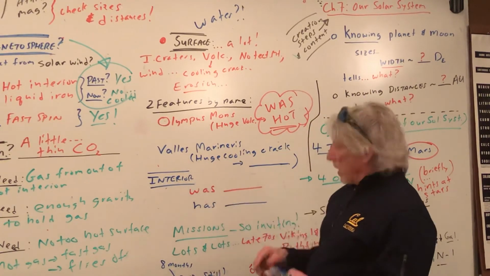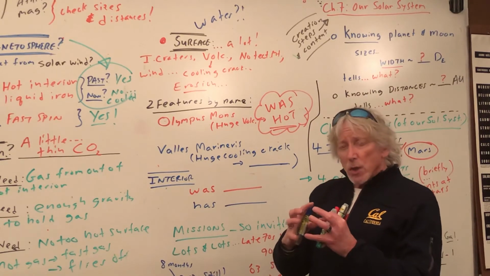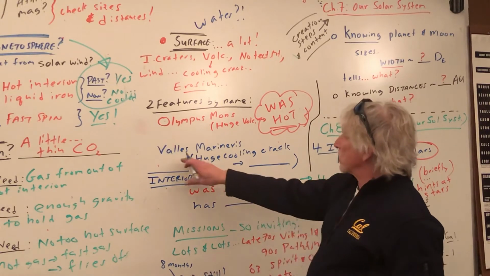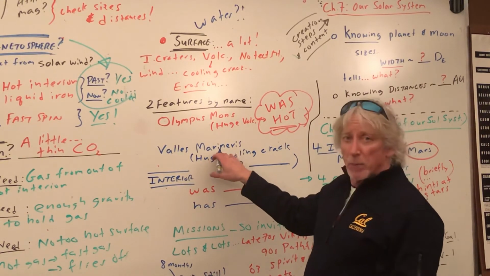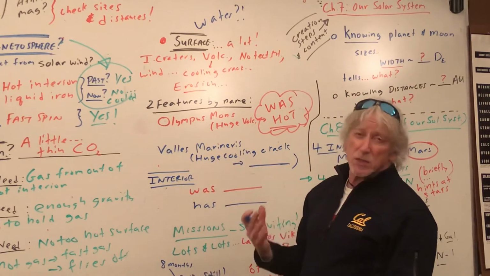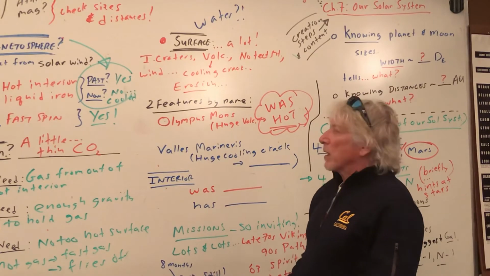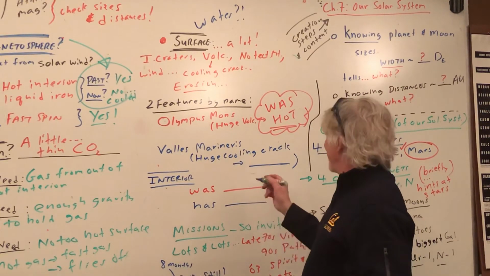In fact, as it cooled, as I mentioned with Mercury, when things cool, they contract and they can tend to crack. And so there's a huge crack called Valles Marineris, which sounds like a pasta sauce to me, and it's a red planet. That's why they named it the god of war. Okay, let me finish this thought.